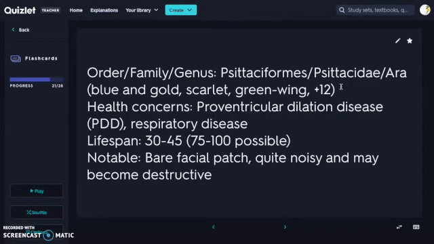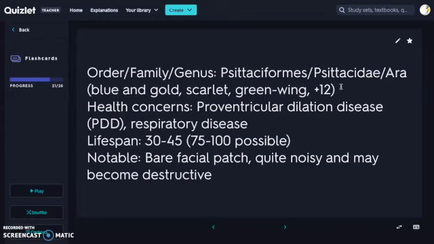Some health concerns: we have proventricular dilatation disease, or PDD, which is again that virus, and you have respiratory disease, so they will often get colds, and they are also prone to feather disease. Lifespan 30 to 45 years, but it has been possible to see macaws with a lifespan of 75 to 100.